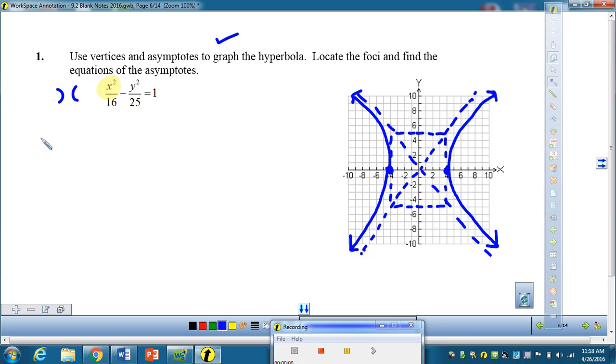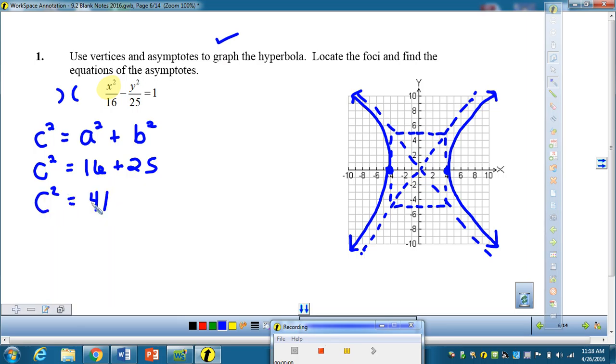Now we're going to locate the foci. We're going to use the c-squared equation for a hyperbola. C is the distance from the center to a focus point. All right, so we can estimate the value of the square root of 41. 41 is in between 36 and 49. The square root of 36 is 6, and the square root of 49 is 7.